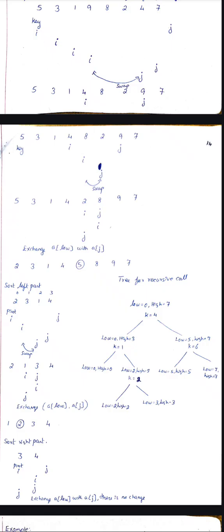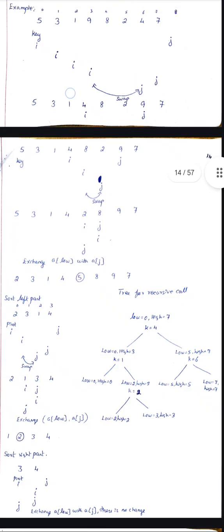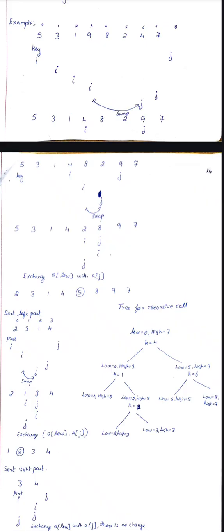Is 5 greater than 2? Yes. Is 2 greater than 5? No, it is not. So we will be swapping that again. j goes from j minus minus here as well.